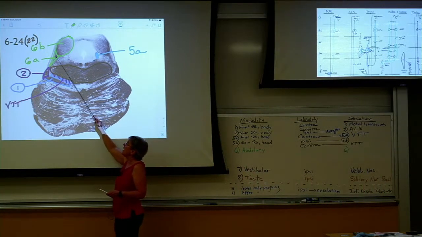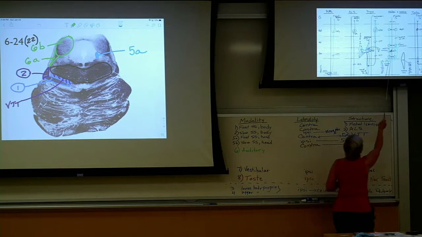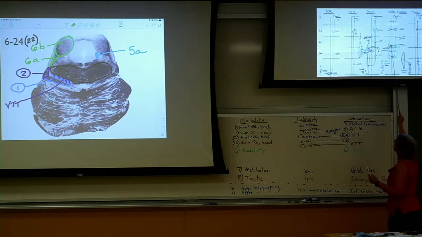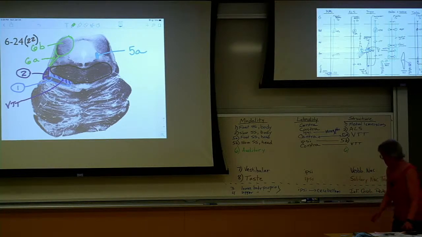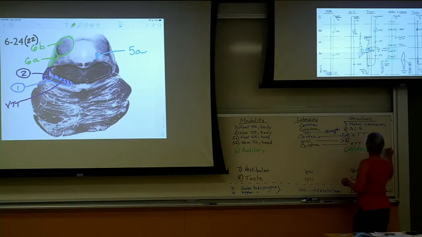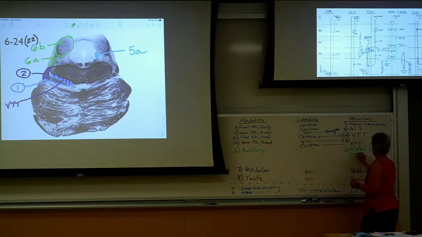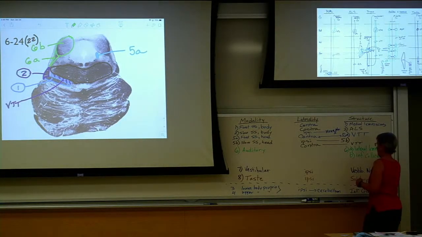So these are axons of higher order auditory fibers making their next synapse in the inferior colliculus, right here in the inferior regions of the midbrain. Okay, so let's finish that up. We have 6A is our lateral lemniscus making its synapse in the inferior colliculus.